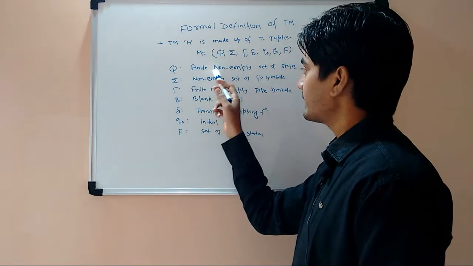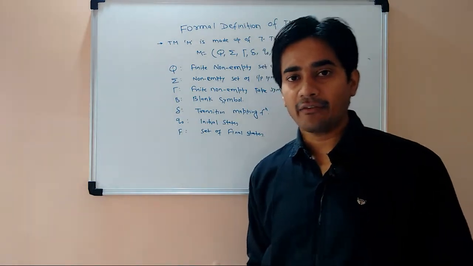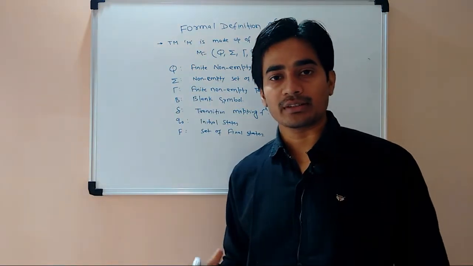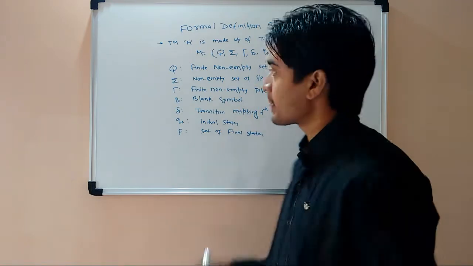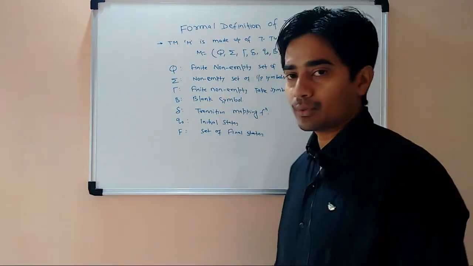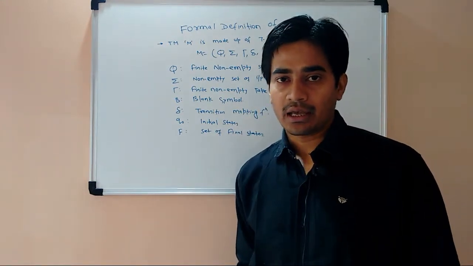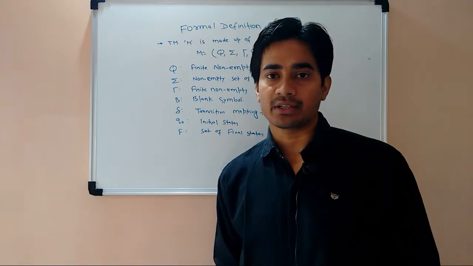Q represents the finite non-empty set of states. So this will have many states; we can say Q is the set of all the states. Sigma is the non-empty set of input symbols, as we can take either A or B to represent the language.